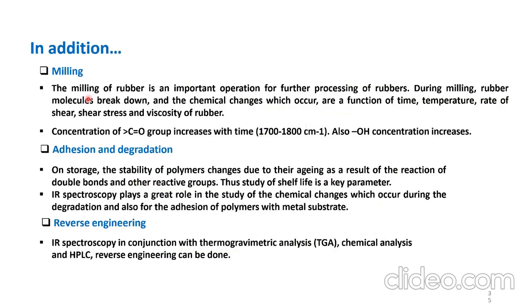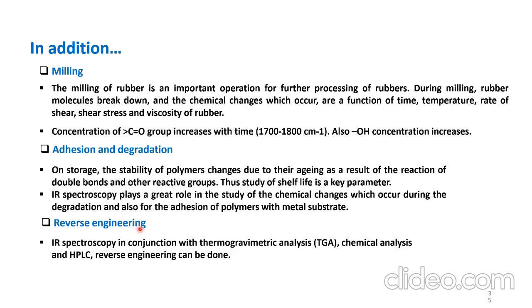And so again, milling, and it can be used for different applications, adhesives and other things. If a degradation is happening in the material, those chemical changes can also be studied in IR spectroscopy.